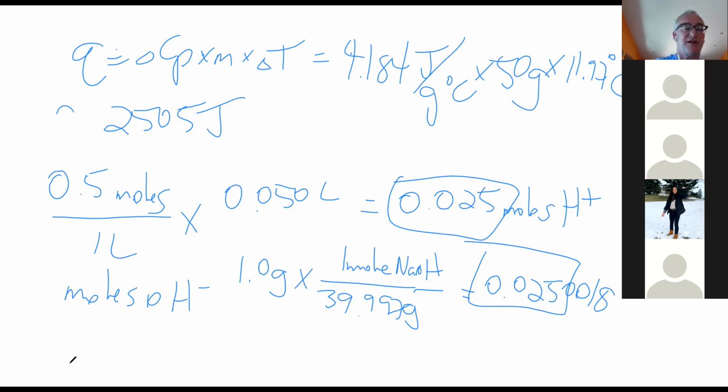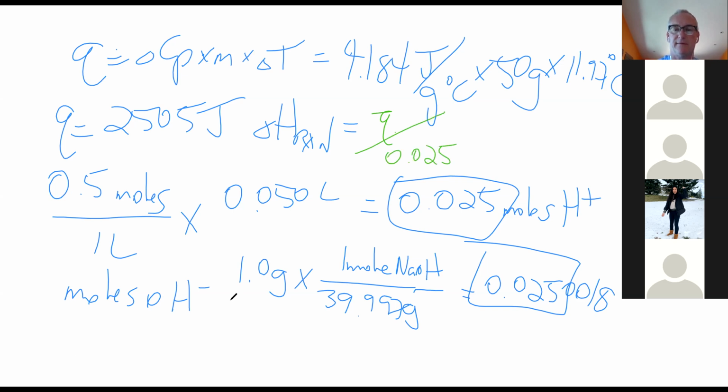Now that's Q. What's going to be delta H reaction? How'd you get that? I divided 2504.124, which is the Q, by the moles of NaOH, which is 0.025, right?